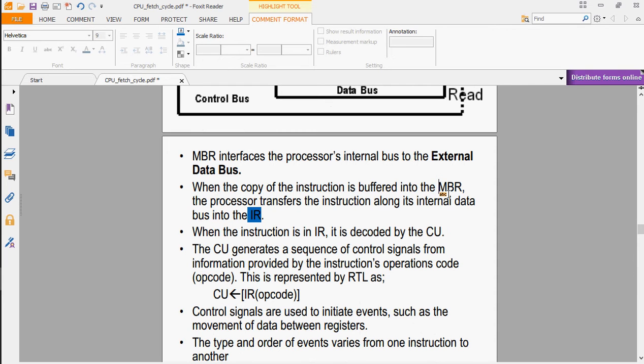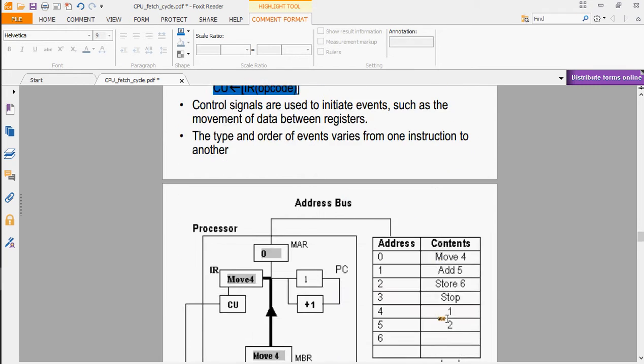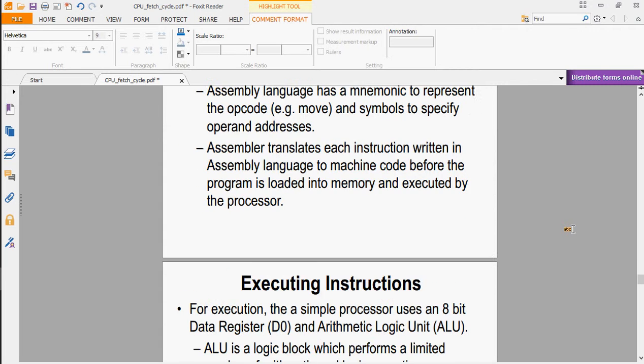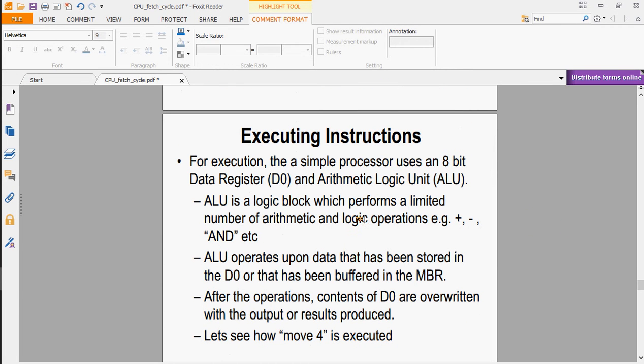This is the memory buffer register. The instruction register goes to the control unit. This is the register transfer language. This is the opcode. Then the arithmetic logic unit is a logical block which performs a limited number of arithmetic and logical operations, like plus or minus.